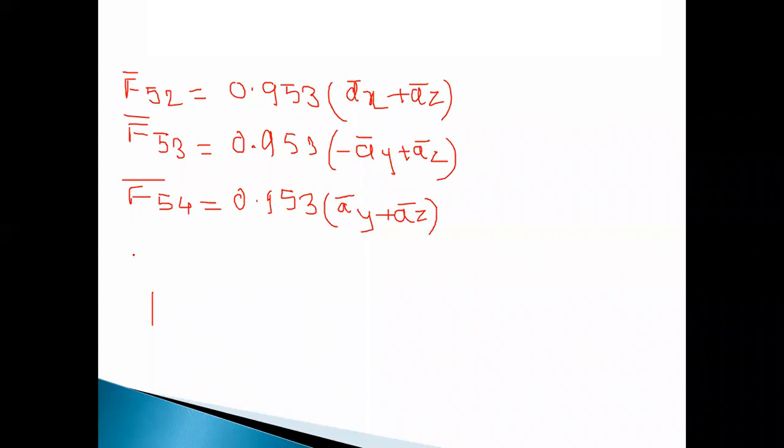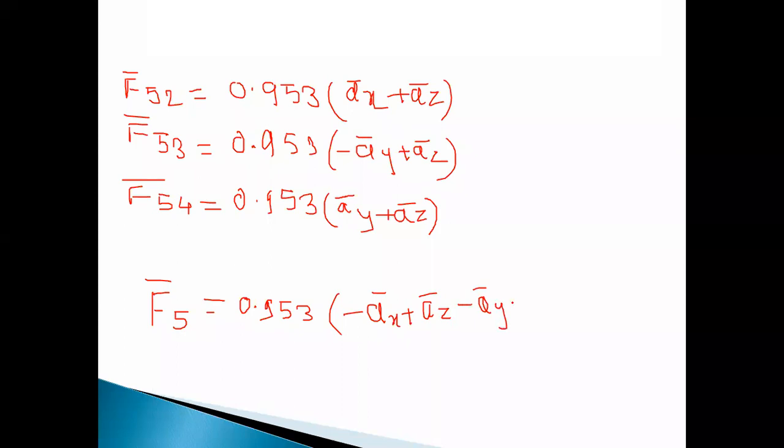Okay, now just add all this, that is F bar 5 is equal to the addition of all these. So I'll take this 0.953 common and just write vectors as minus a bar x plus a bar z, minus a bar y plus a bar z, and then plus a bar y and plus a bar z.